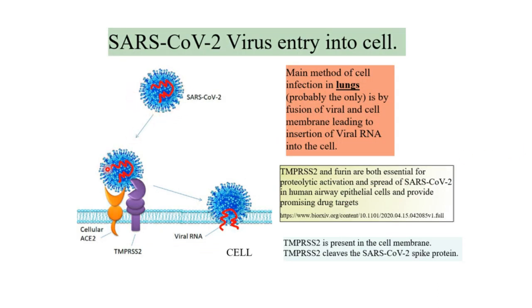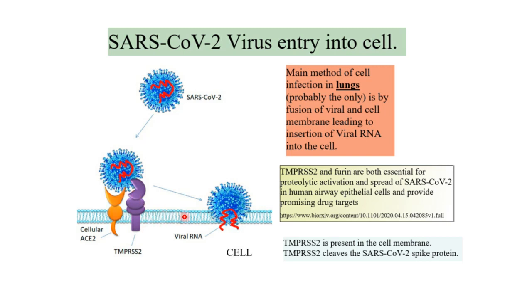SARS-CoV-2 binds the cell via the ACE2 and its viral spike protein. So ACE2 is the cellular receptor for the virus, and virus binds ACE2 via the spike protein. TMPRSS2 provided by the cell then cleaves the spike protein.